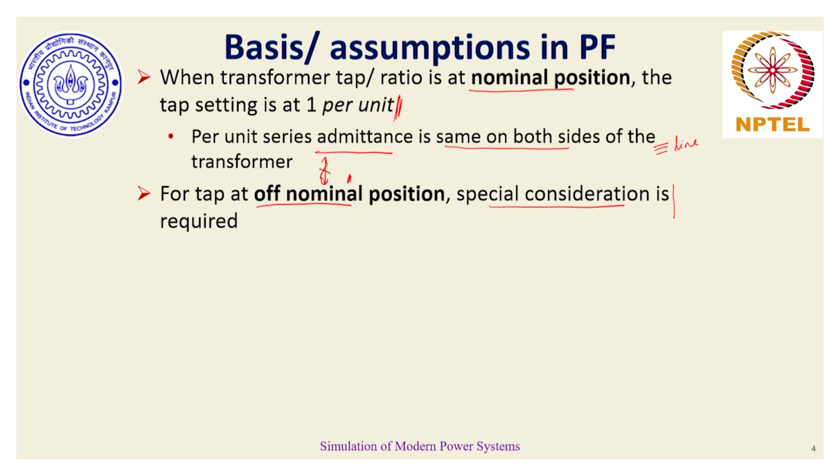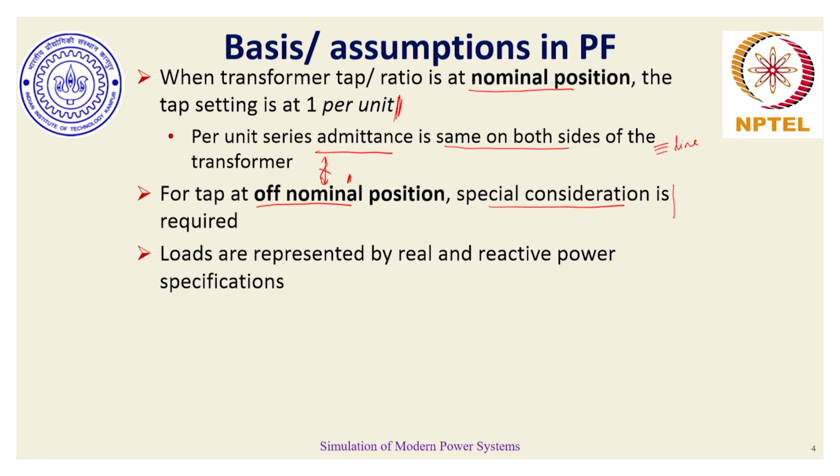But before we go into all other details, let's start focusing on how we represent our typical electrical loads. Loads, as we all are aware of, being electrical engineers, by electrical loads we mean any entity which is consuming real and or reactive power.